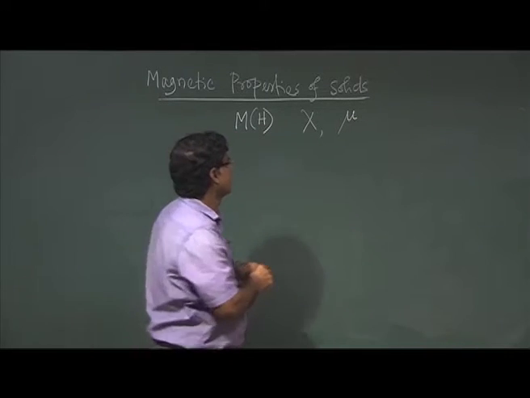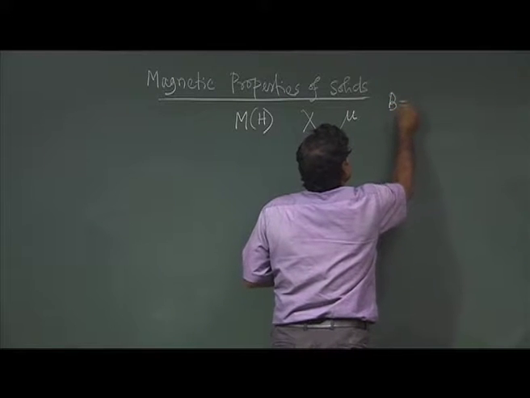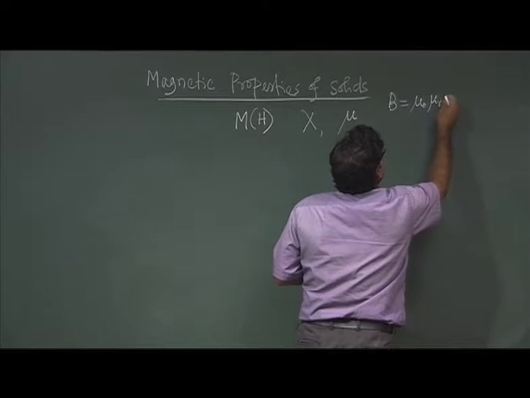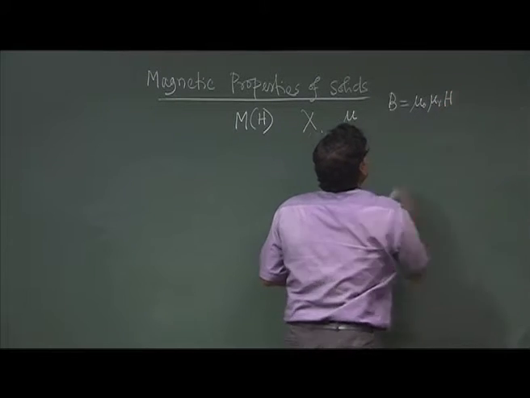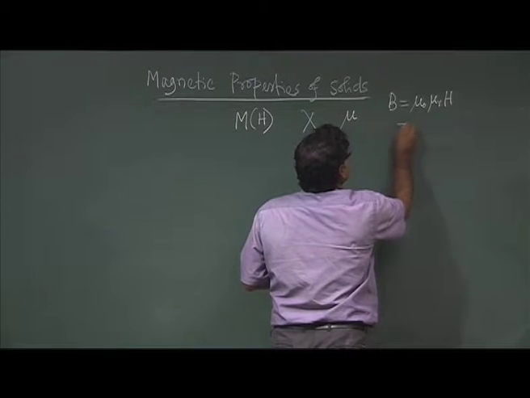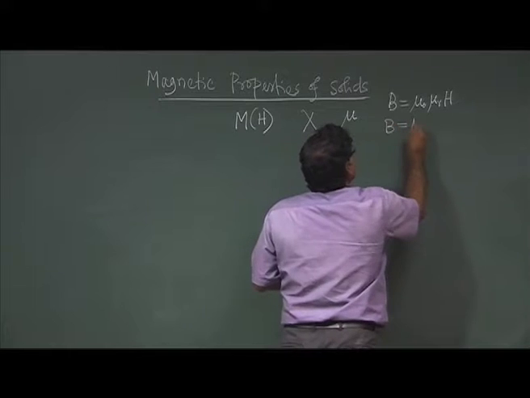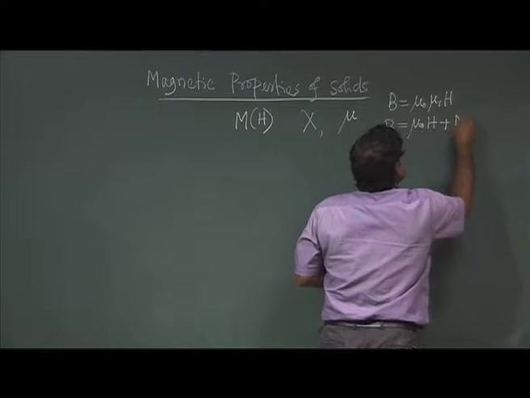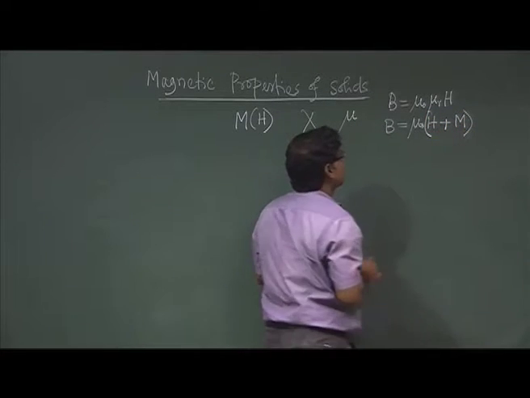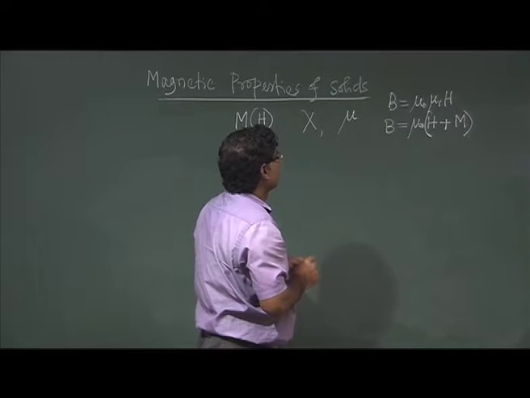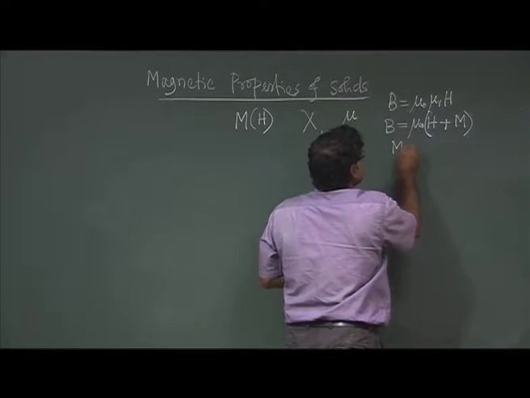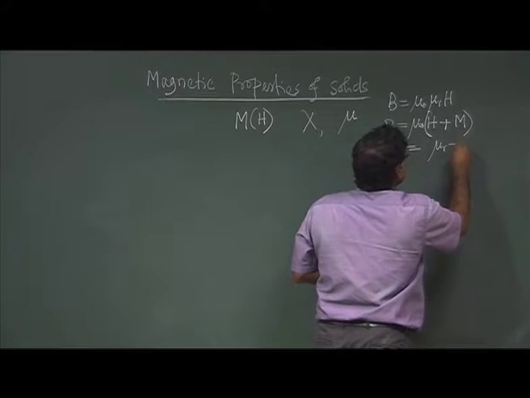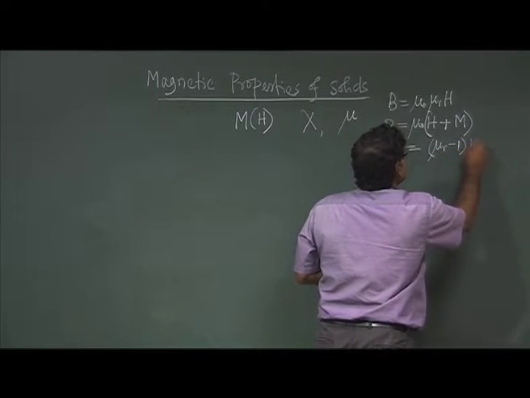The relation I have shown you: B equal to mu 0 mu r H, right. And then from here I have shown that there are two contributions, one is this, another is from the magnetic material, this is magnetization, right. And where M is basically what we got, this mu r minus 1 into H, right.